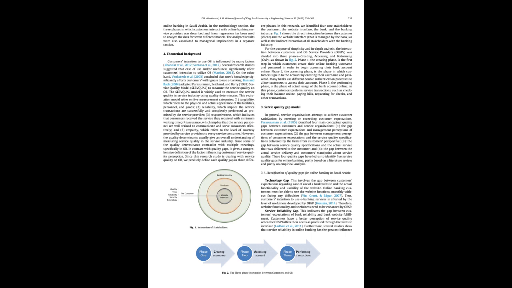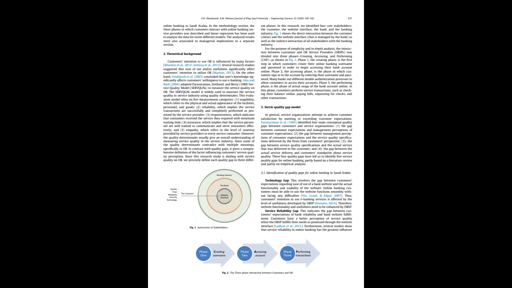The quality determinants usually give an overall understanding of measuring service quality in the service industry, but some of the quality determinants have contradicting multiple meanings, specifically in online banking. And this is the reason why we have used a different 5 determinants or 5 gaps. The definition of those determinants in online banking shows some kind of contradiction.